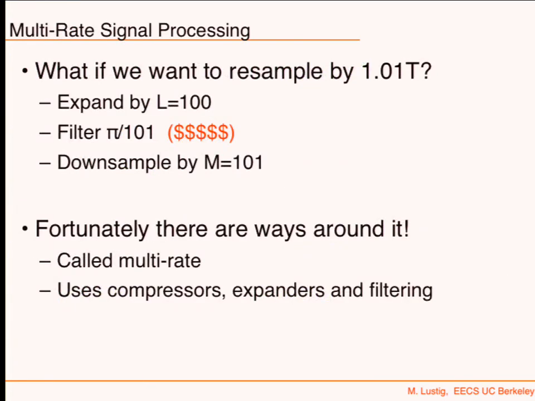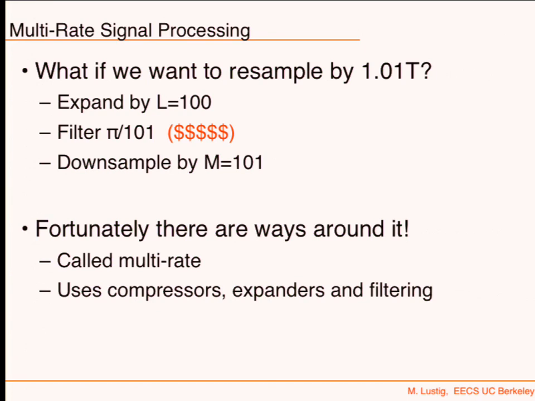Now here's food for thought. That's great, you know how to do rational resampling. So what if you want to resample by 1.01, or actually 1.00000000000000001? According to this, you have to expand by a factor of 100, or a million, billion, trillion times, depending on how many points.